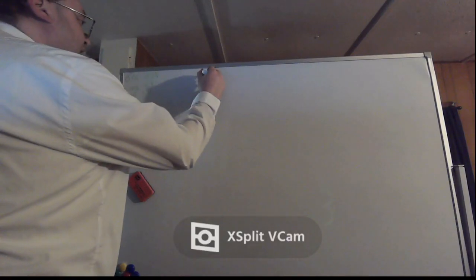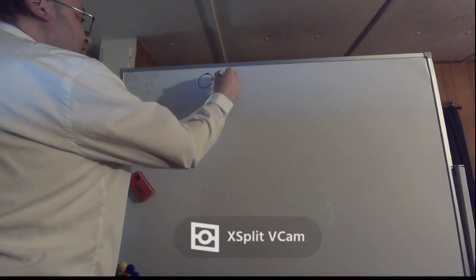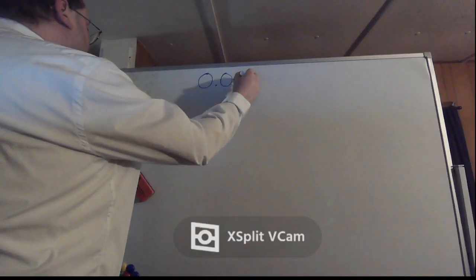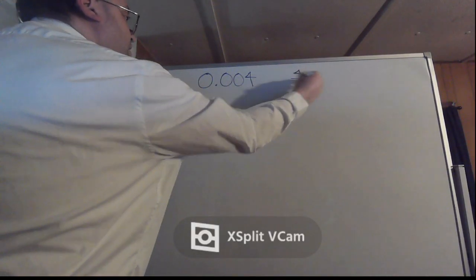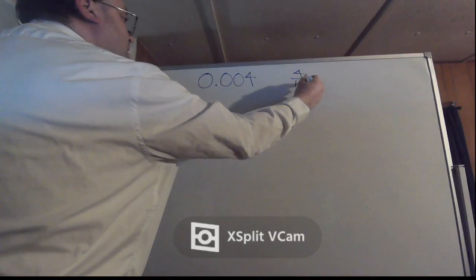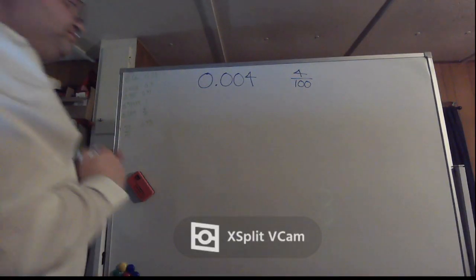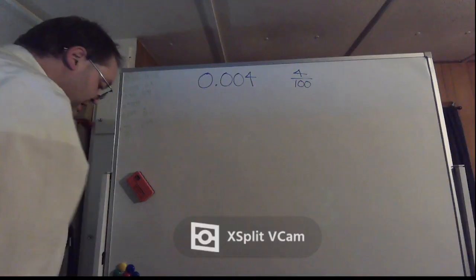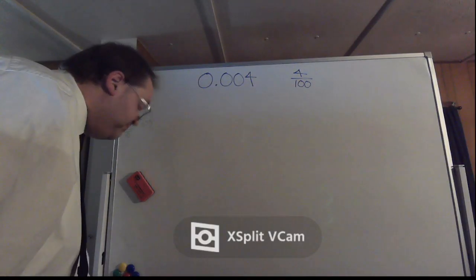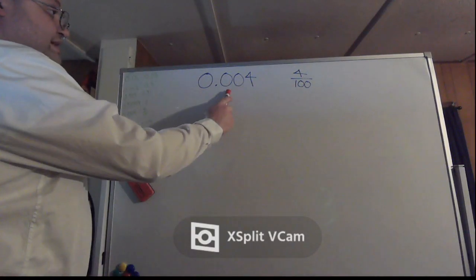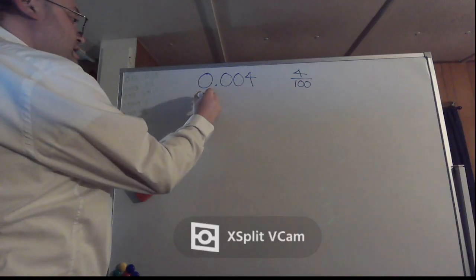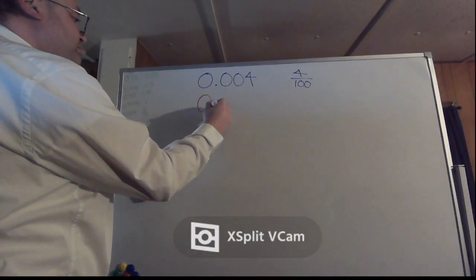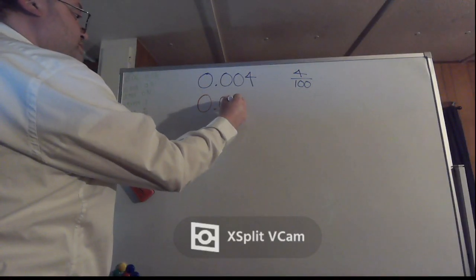Alright, now let's say we have a decimal and a fraction. We have 0.004, and then we have 4 hundredths. So what we have here, we have one number that's a decimal, one number that's a fraction. Well, it would probably help us if we convert both to decimals.